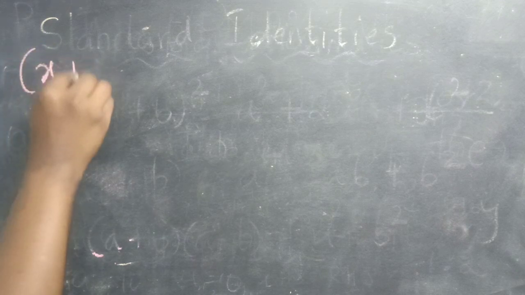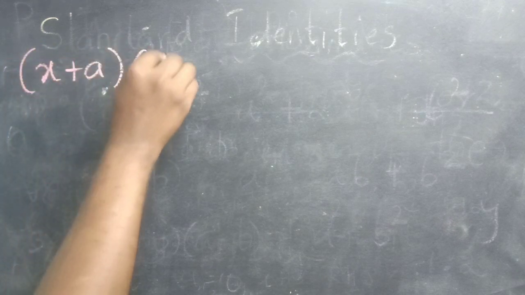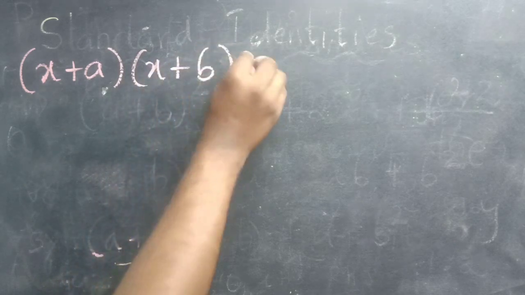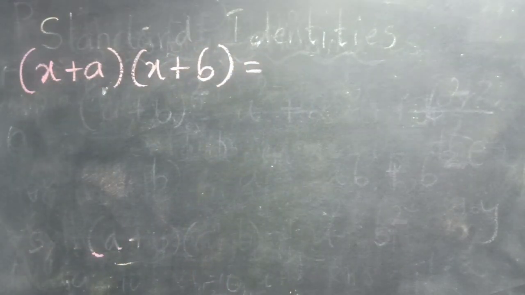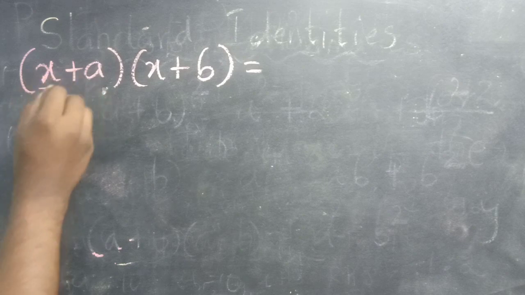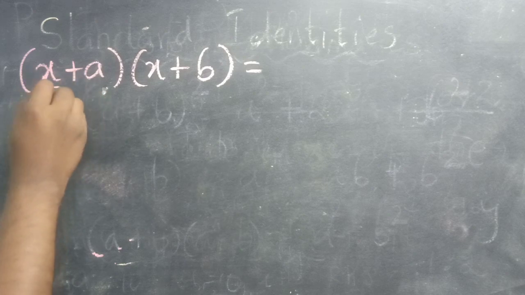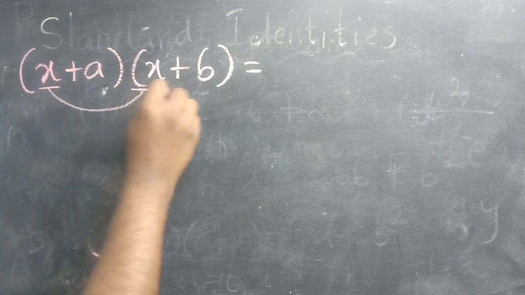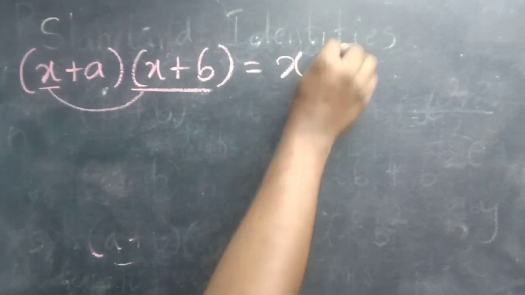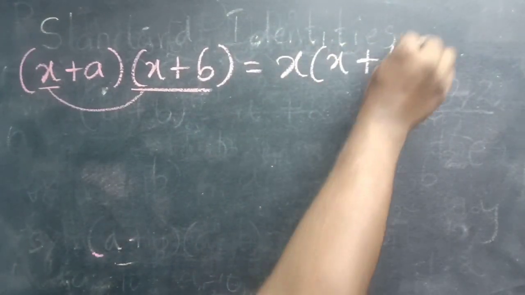Now we will find one more useful identity, that is x plus a into x plus b. Multiply the first term of the first binomial with the second binomial, that is x into x plus b.